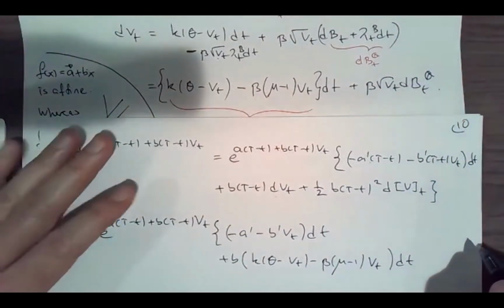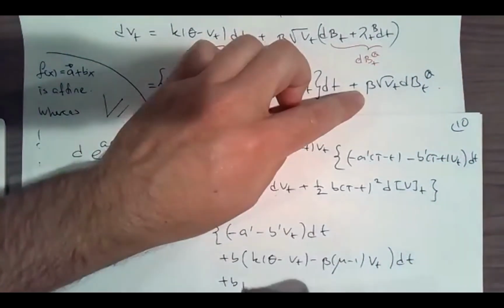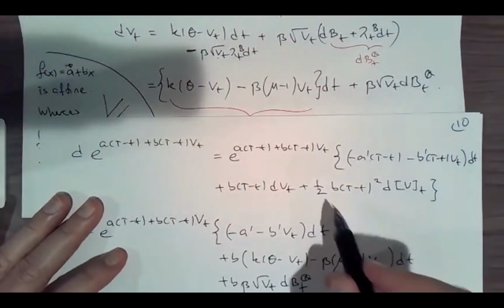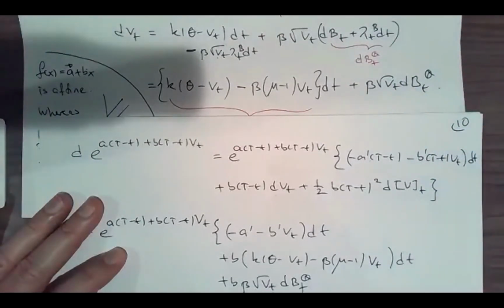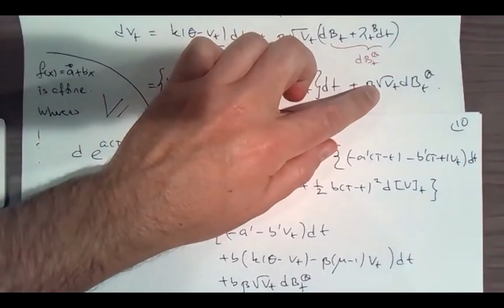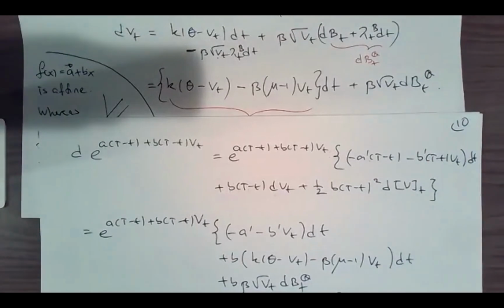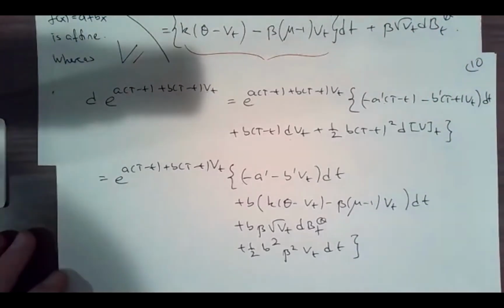And then there's a martingale component too. I get b here, and then beta root v_t dW_t^Q, and I get the 1/2 b squared. Quadratic variation: I need to square beta, I need to square the square root, and then I need the quadratic variation of Brownian motion. This is dt. Yeah, so this is long and messy, right?